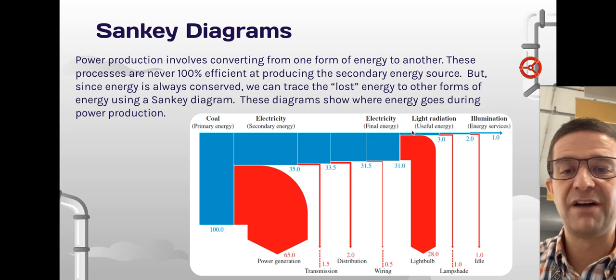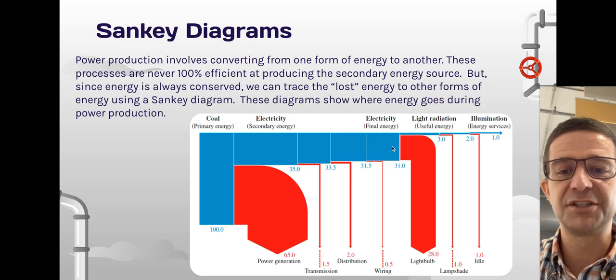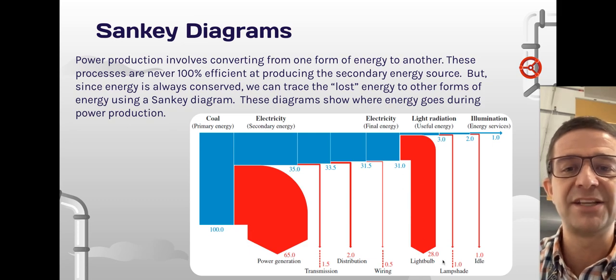This is an example of a conversion from electrical energy to light using an incandescent light bulb, those hot filament bulbs that are very, very energy inefficient. Of the 31 units of energy, we get about 10% useful light out of that, and the other 90%, or 28 units, get converted into heat.